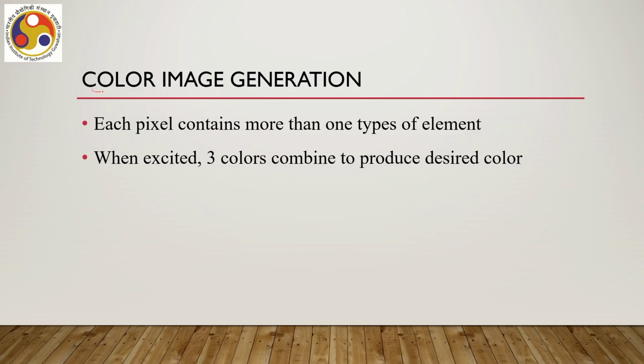Also, let us quickly understand what we are referring to when we talk of a color image. Pixels are materials. When we talk of color screens or color displays, we are talking of a specific thing: each pixel contains more than one type of element, and each type of element is capable of emitting light with different intensities than the other types.